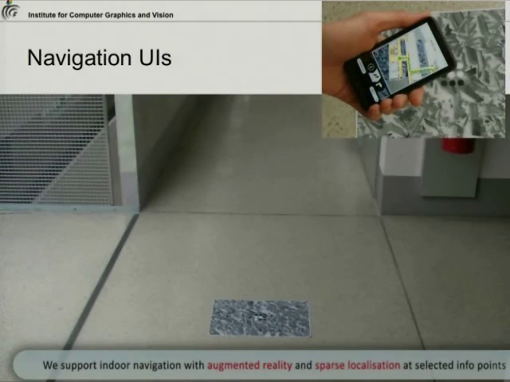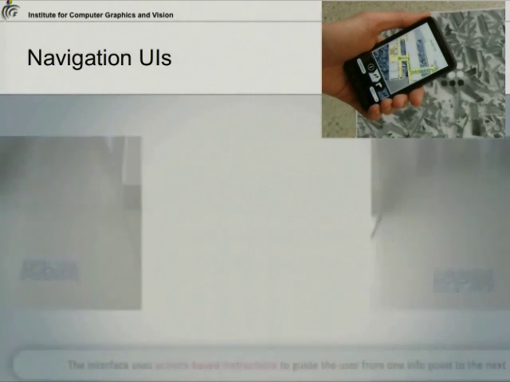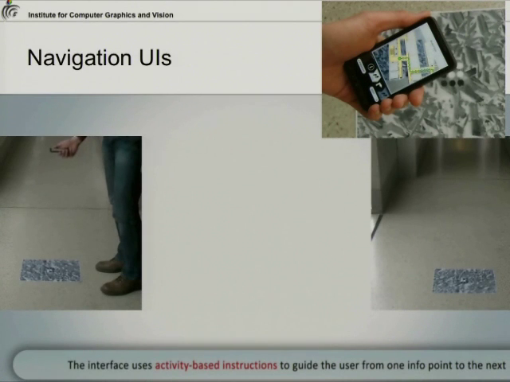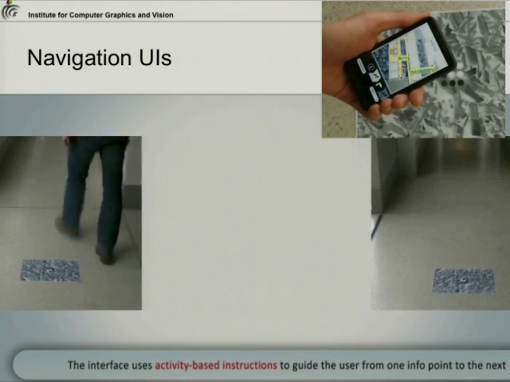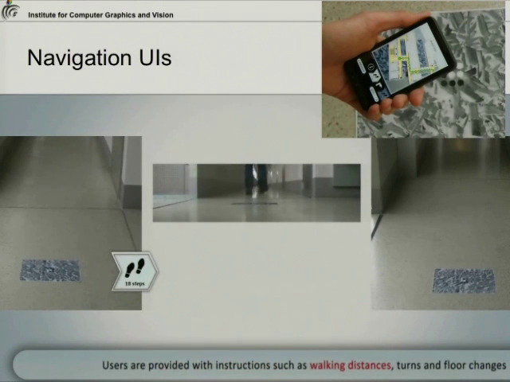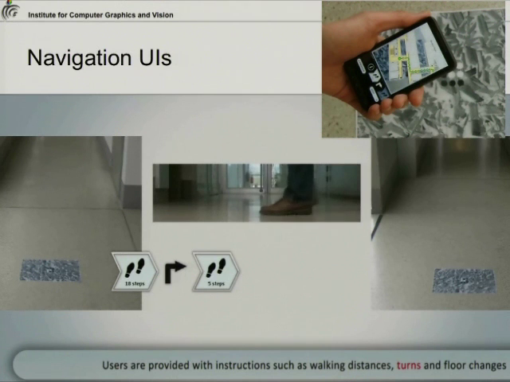And finally, it also goes down to actually user interfaces. So this is an example where we try to use all this technology to provide a navigation user interface for a pedestrian in an indoor scenario. So we don't really have GPS or something like this. It might be much more difficult to actually establish our position at this point.